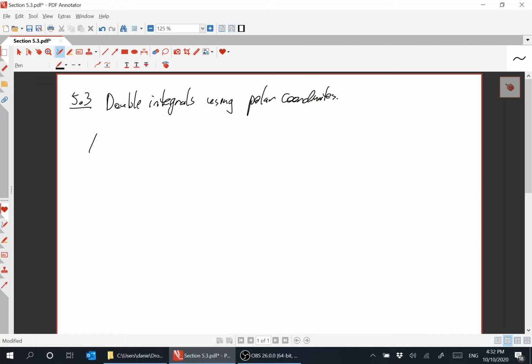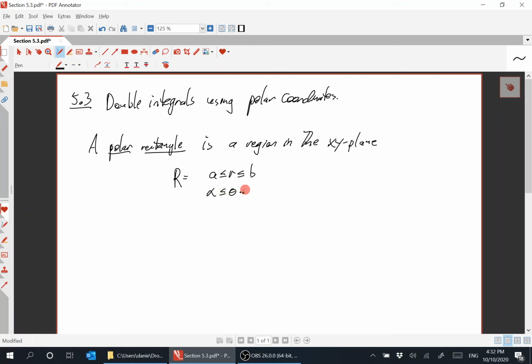So a polar rectangle is a region in the xy plane with a less than or equal to r less than or equal to b, and alpha less than or equal to theta less than or equal to beta.